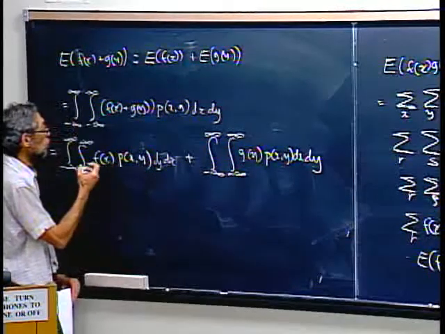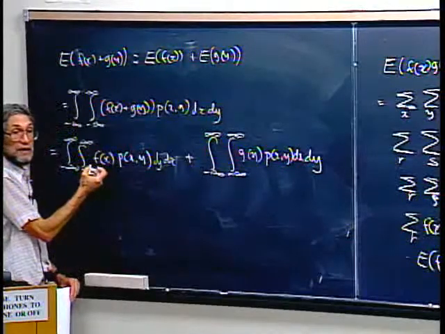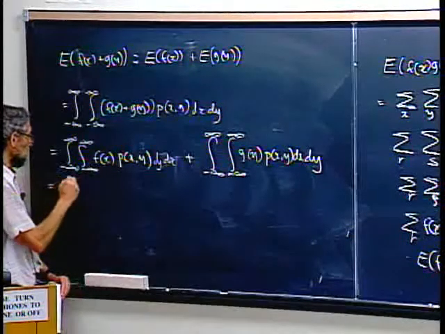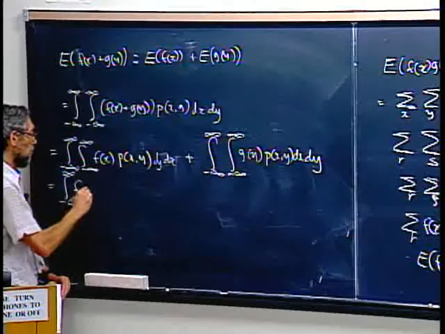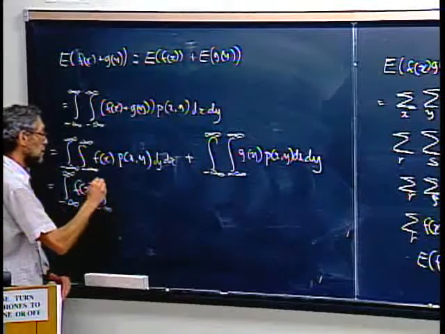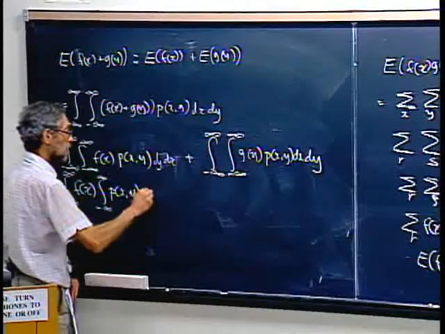And in that inner integral, this function of x is a constant independent of y, so I can take it out of the integral. And so I'll write this as the integral from minus infinity to infinity of f of x times the integral from minus infinity to infinity of p of x, y, dy.